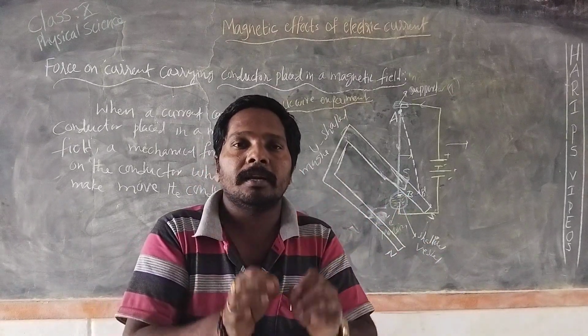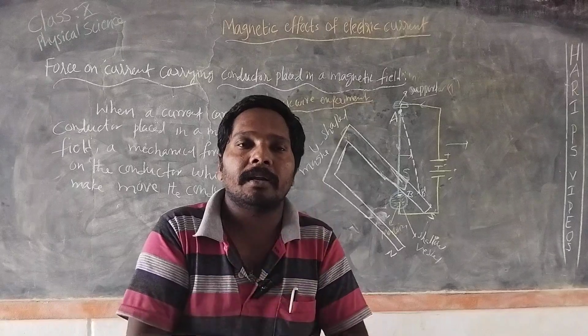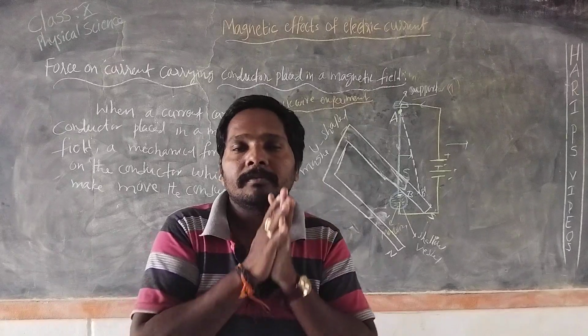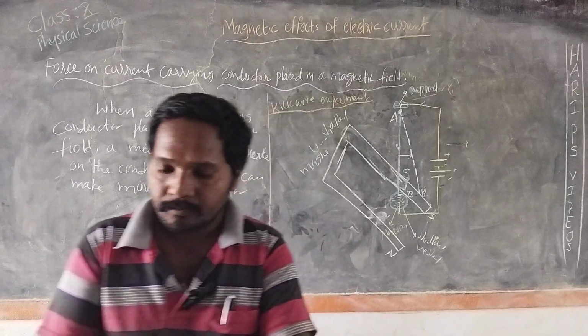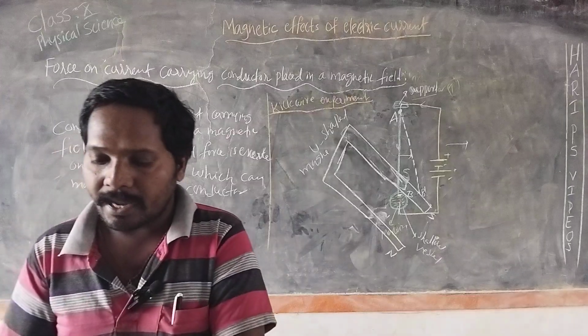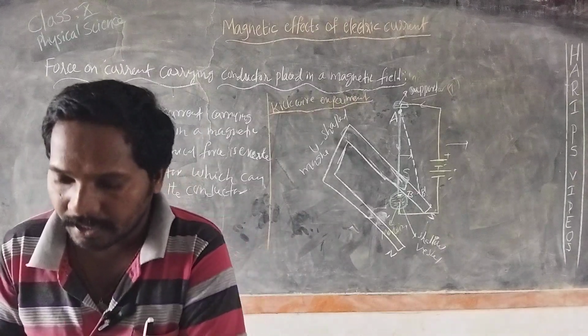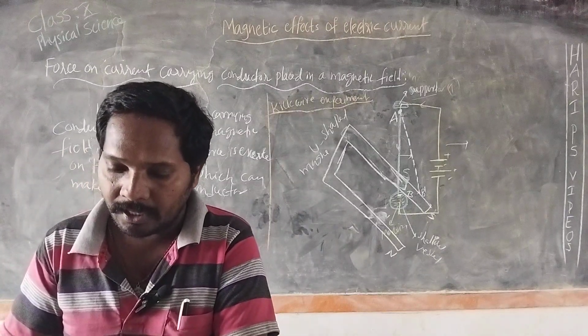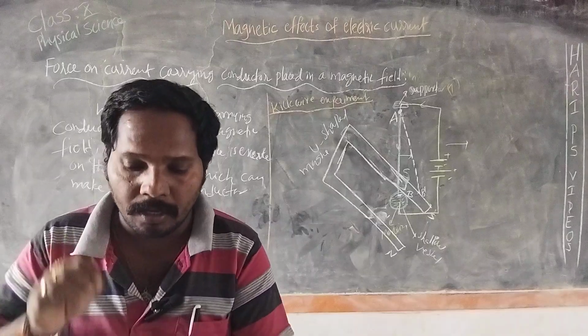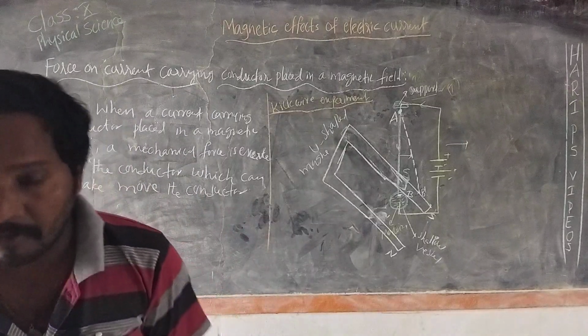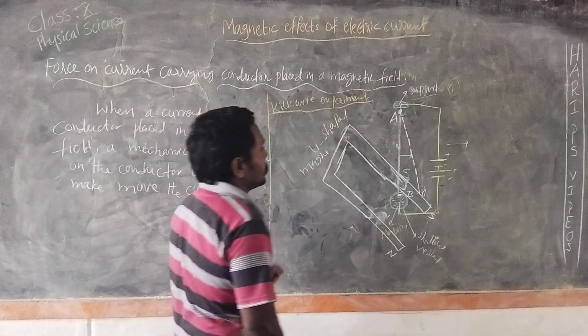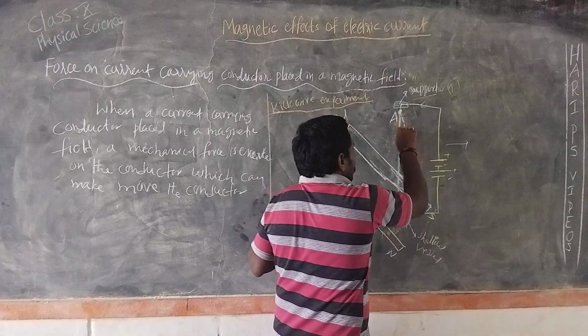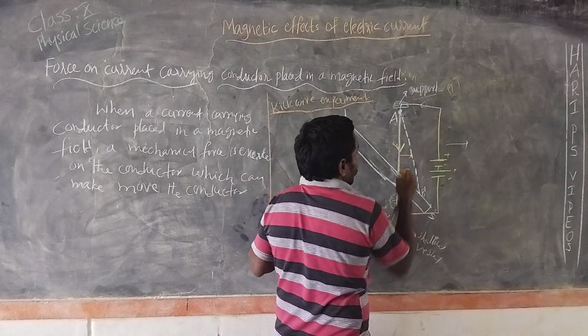This rule was stated by Michael Faraday in 1821. The direction of force acting on a current carrying wire placed in a magnetic field is perpendicular to the direction of current. In which direction does it move? This is the direction of current, vertically down.